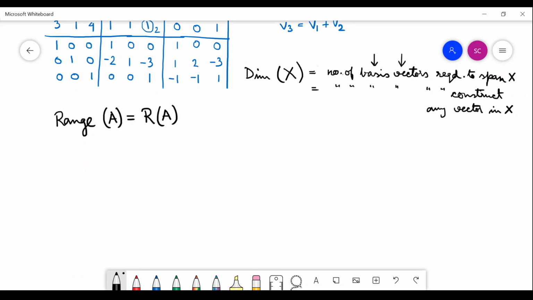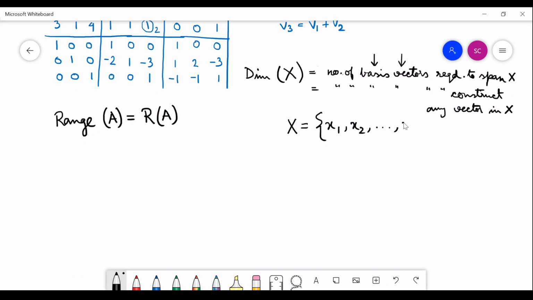We define a vector space by the basis vectors of that space. So we identify the basis vectors and then say that this space X is a span of the basis vectors.